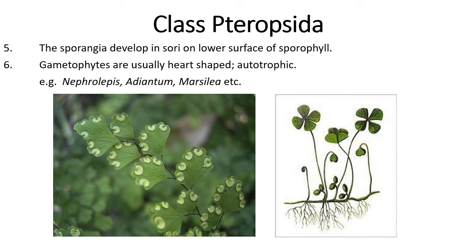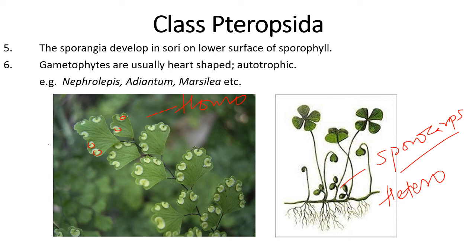So here you can see this is a fern where sori are there, and this is example of homosporous, and here sporocarps are there. This is example of heterosporous pteridophyte. So these sporocarps are there where two different kinds of spores are there.